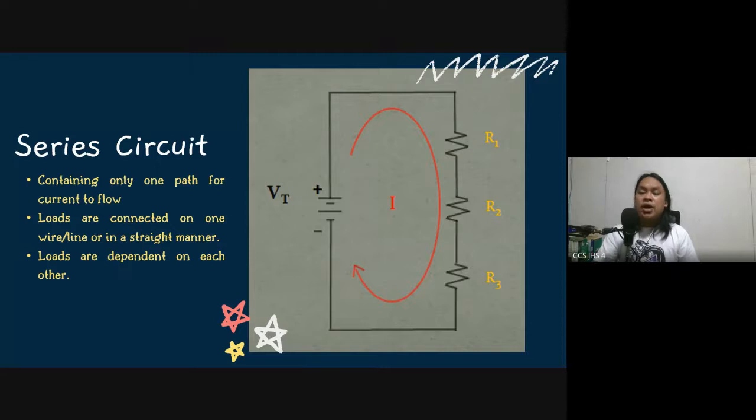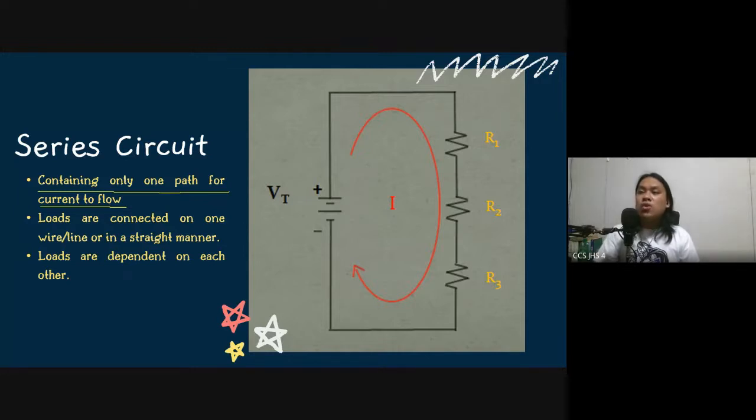Okay? Here are the characteristics that we need to remember in order for us to identify if a circuit is series. Number one, it contains only one path for the current to flow. As you can see, we have one conductor connecting our source to our loads. Right? It's only one path. One conductor. Okay, that is a characteristic of a series circuit.